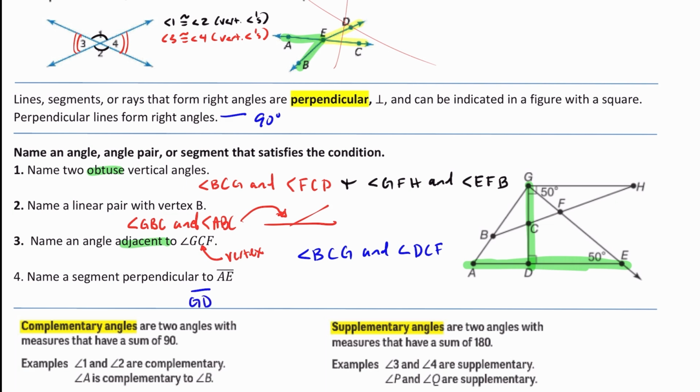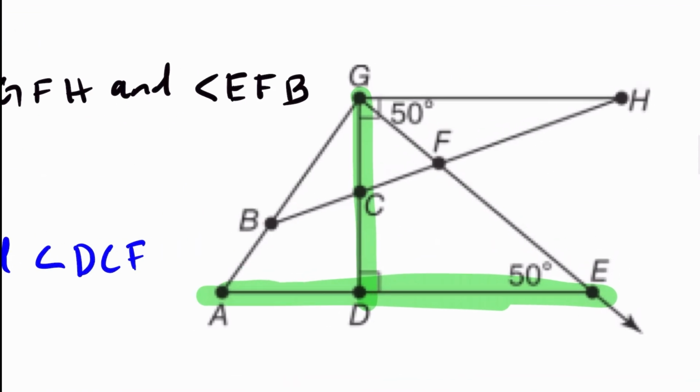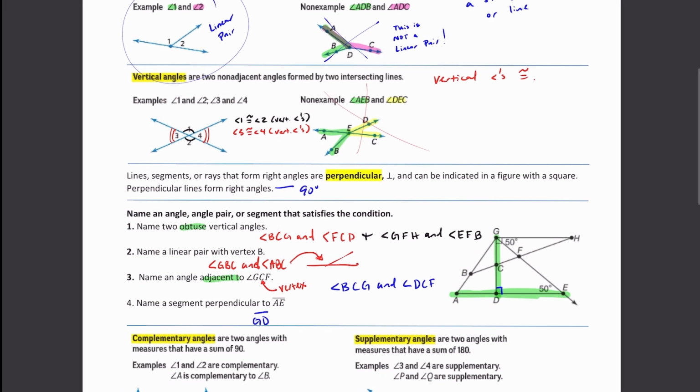I'm choosing segment GD because you can see that these two segments intersect each other at a 90-degree angle, that square that we talked about at the beginning. Perpendicular can be indicated in the figure with a square, right? So segment GD intersects segment AE at a 90-degree angle.